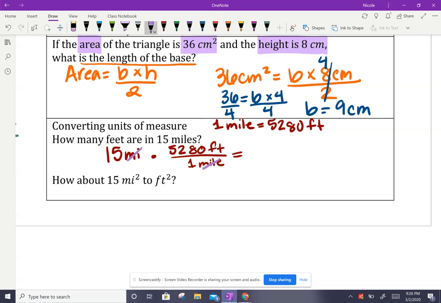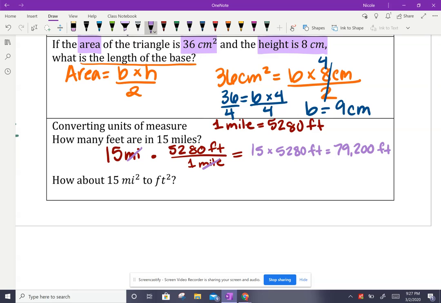Those are going to cancel each other out. And this turns into 15 without miles times 5,280 feet. So then I multiply that out. 15 times 5,280. And we get 79,200 feet in 15 miles.